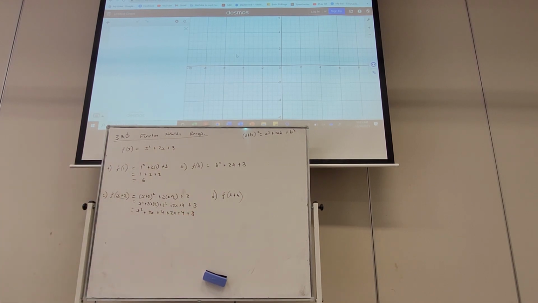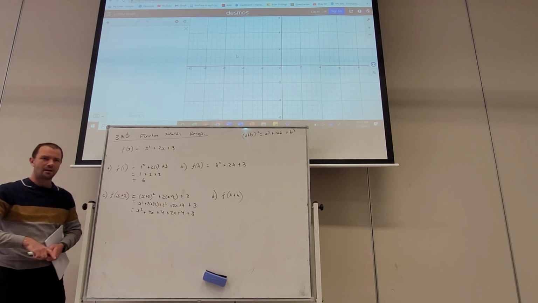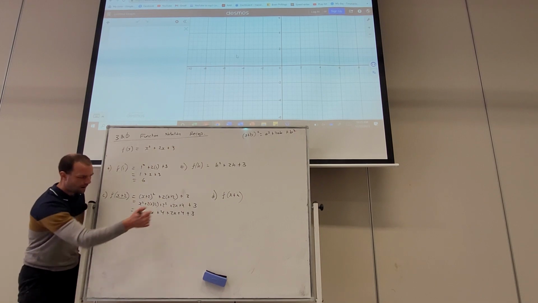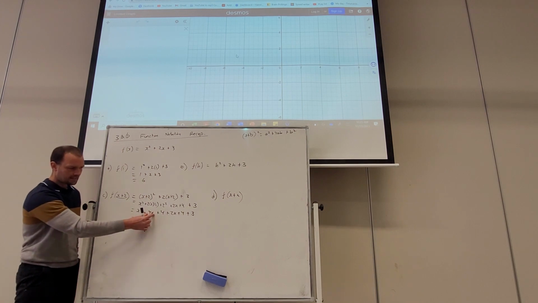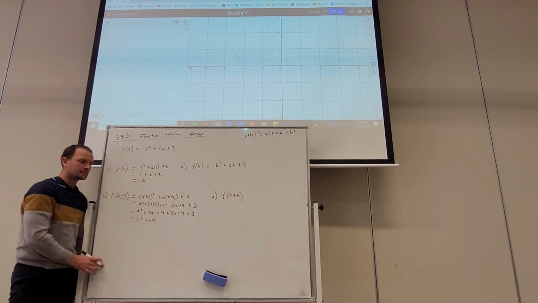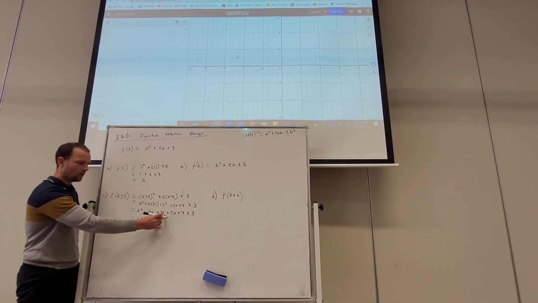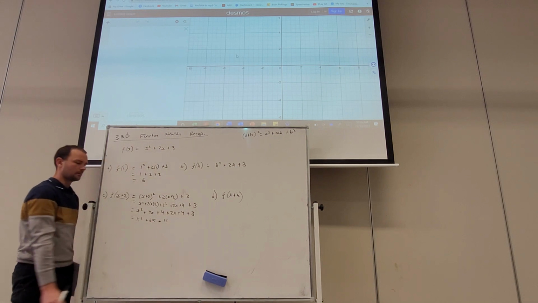We've simplified all of the terms. And now we can add together like terms. Like terms have the same power of x. We only have one x squared term, so that's going to be at the front. We've got 4x here and plus 2x here. So that would be plus 6x. And then we have 4 plus 4 plus 3. So that'll be plus 11.